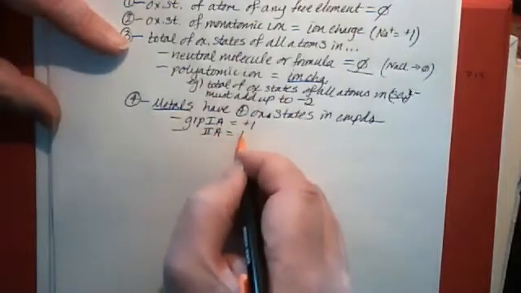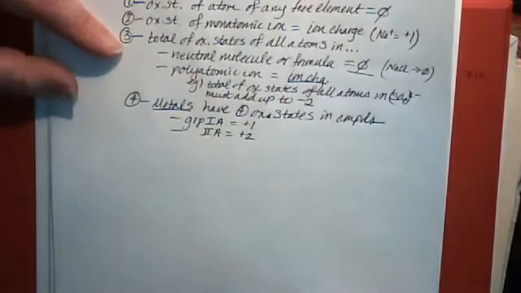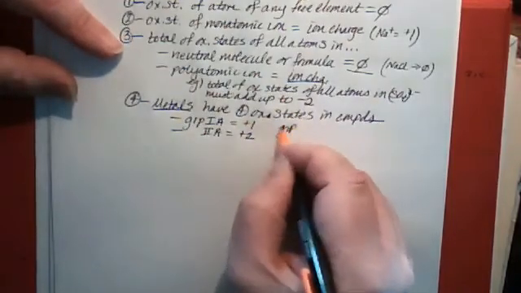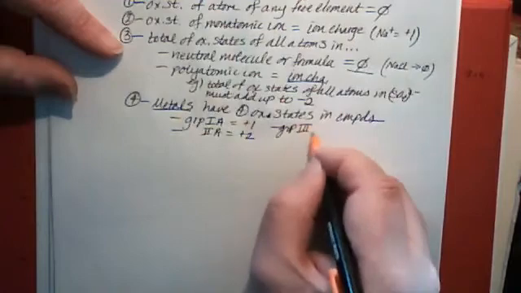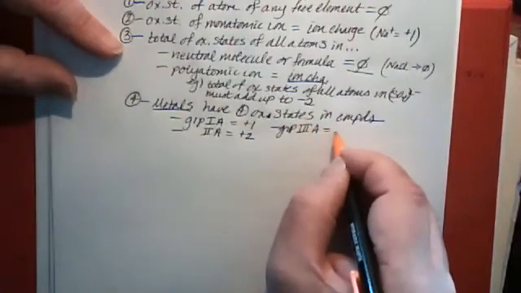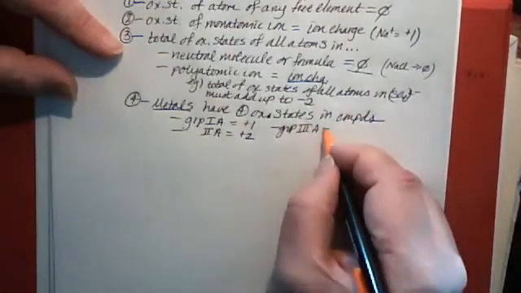The group 2A metals have oxidation states of +2. Group 3A metals have a charge of +3.